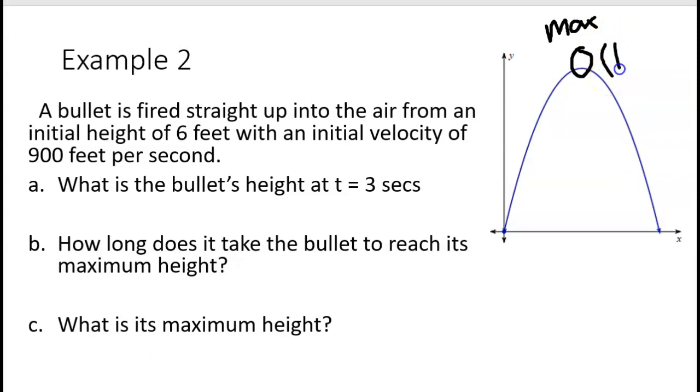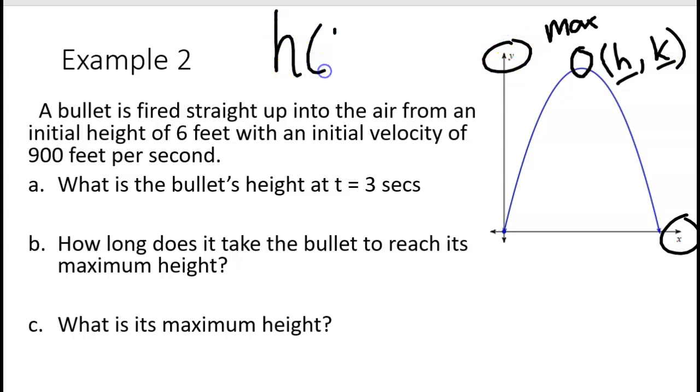so now the vertex, as we said before, is a point with the coordinates h and k. And in this case, h is the input value, which is the x-axis, and k is the output value, which is the y-axis. But understand that when we're dealing with h of t, the x really means t, and the y really means h.